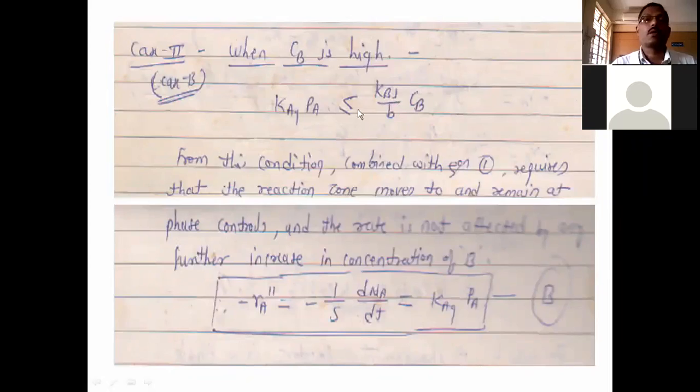So the diffusion of A in the gas film is less than the diffusion of B in the liquid film.